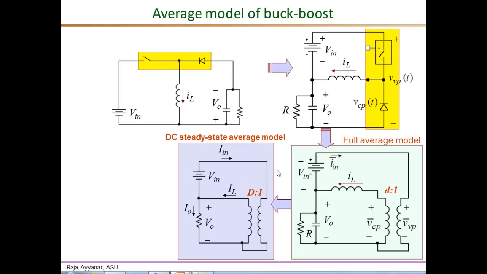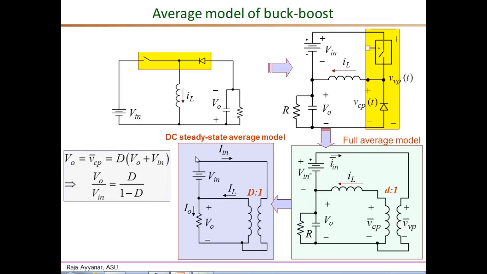We can use either of these two average models for example, deriving the input-output voltage or the current relationships, and for many other analysis. So, if you look at the input-output voltage relationship, from this DC steady-state average model, we can see that VO is essentially the secondary voltage, and that is D times the primary voltage, which itself was VO plus Vin.